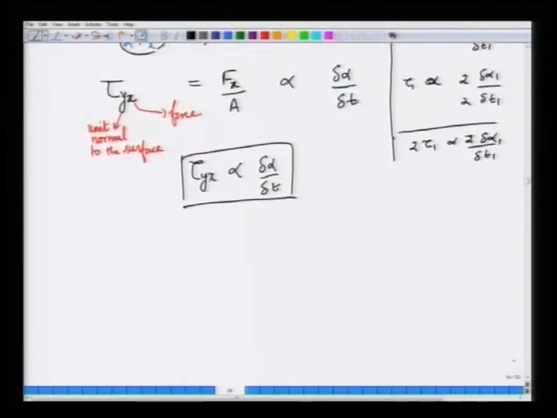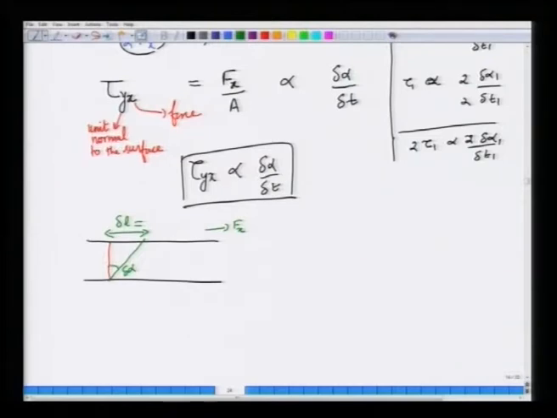Now let us look at the geometry once again. This was the original line, this was the deformed line, this is delta alpha, this is delta L. But in a fluid, the top plate continues to move, because the fluid is also moving. If you exert a force, the top plate will continue to move. So, the top plate will acquire a velocity if you apply a force to the fluid.